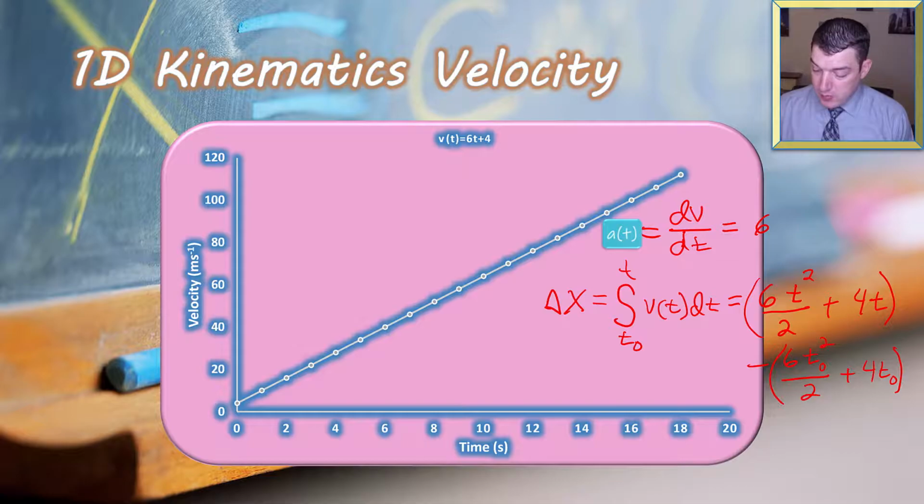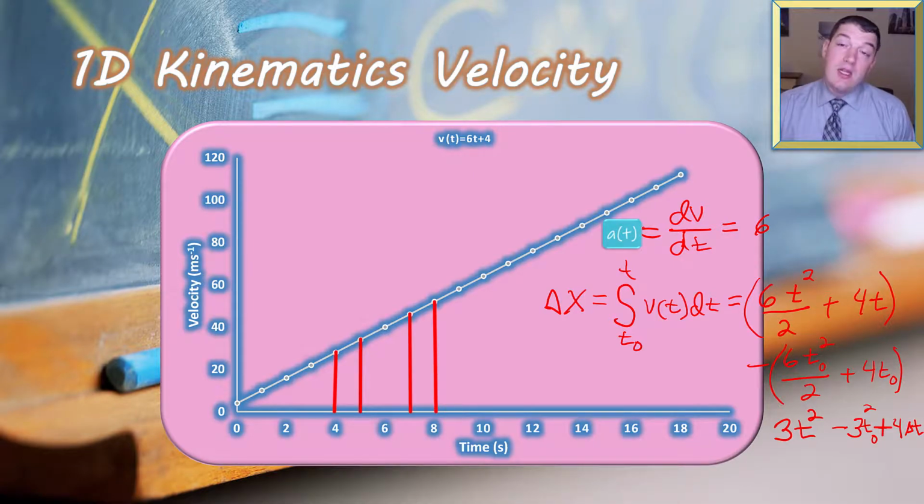We can do a little bit of cleaning up with this, because it will work out that 6t squared divided by 2 is actually 3t squared, and then we could have plus 4t minus 6t naught squared over 2 minus 4t naught by distributing this negative sign here, which is actually going to be plus 4t minus 4t naught, and of course here again 6 divided by 2 is 3, that's minus 3t naught squared, plus 4 times t minus t naught, which is our change in time.